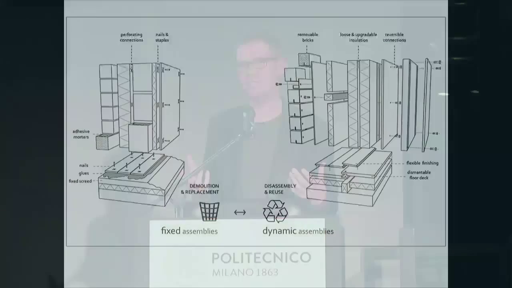Now, we find it also ironic, especially when you probably all have heard about design for deconstruction, which, especially in academia, certain researchers are working on. They say, as an architect, you don't have to use glue, you don't have to use nails, you have to use things that can be unscrewed, because if it's dismountable, then it's going to be reused.